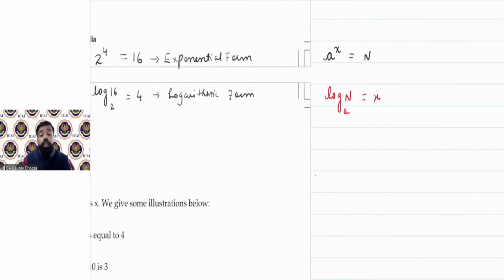Now how to learn this? How to remember this? So it is very simple. At present x is on top of a. x कहाँ अवेलेबल है? x is on top of a. That means we can say that a is on the base of x. a कहाँ पर है? बेस में है. जब a यहाँ पे बेस में है तो लॉगरिथमिक फॉर्मेट के अंदर भी a कहाँ रहेगा? बेस में. So a will remain in the base.